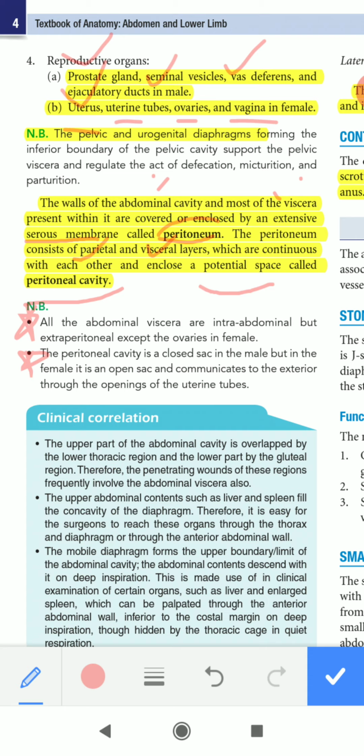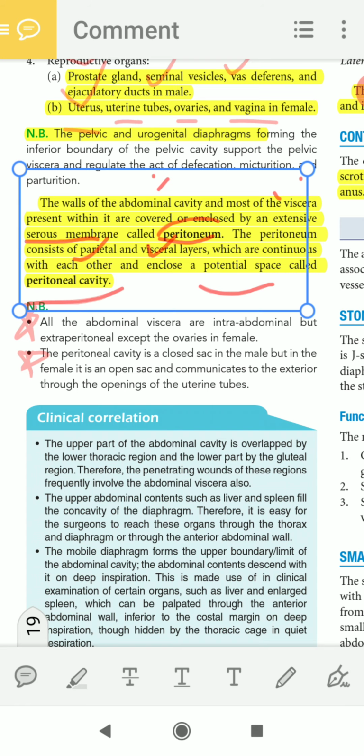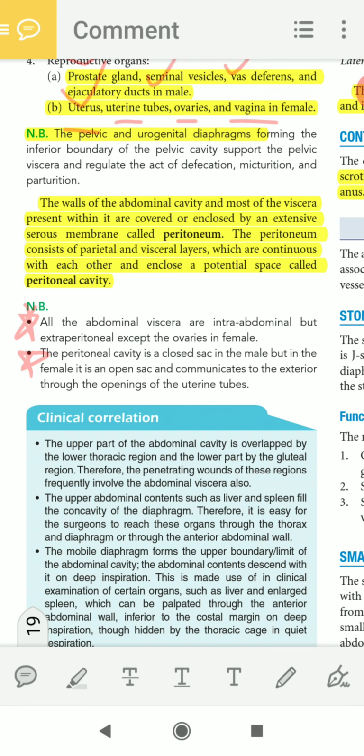So the peritoneum is a serous membrane which lines the wall of the abdominal cavity and most of the viscera of the abdomen.